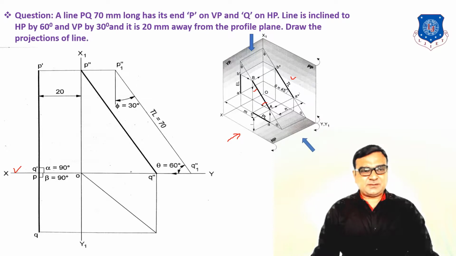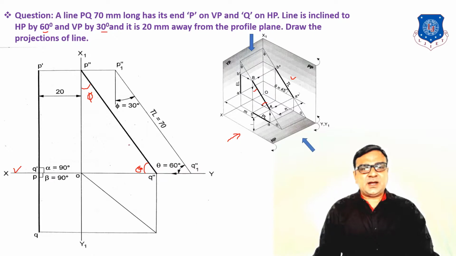XY first, then the side view is the true length, and for the side view this angle is known as the inclination of the line with HP, theta, and this angle is known as the line inclination with VP. So the sum of these two is 90 degrees, because 60 and 30, and the point P is on VP and Q on HP.